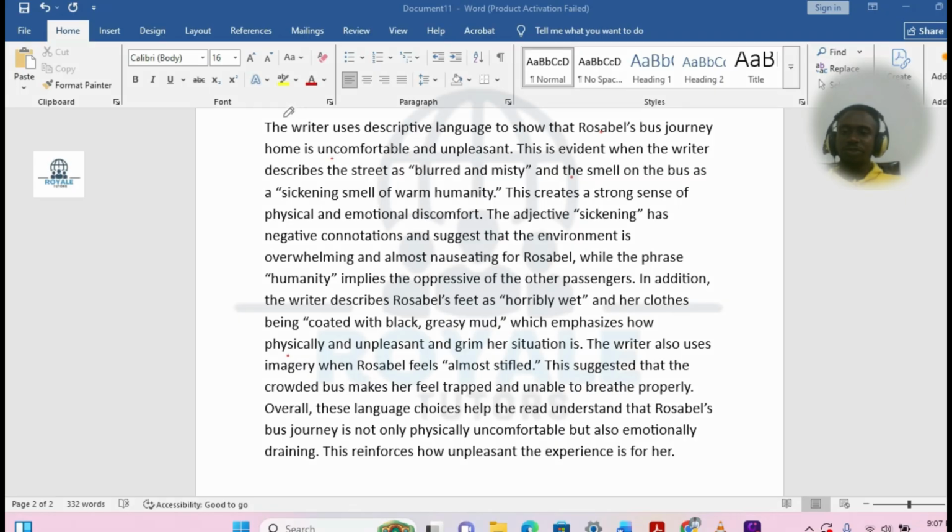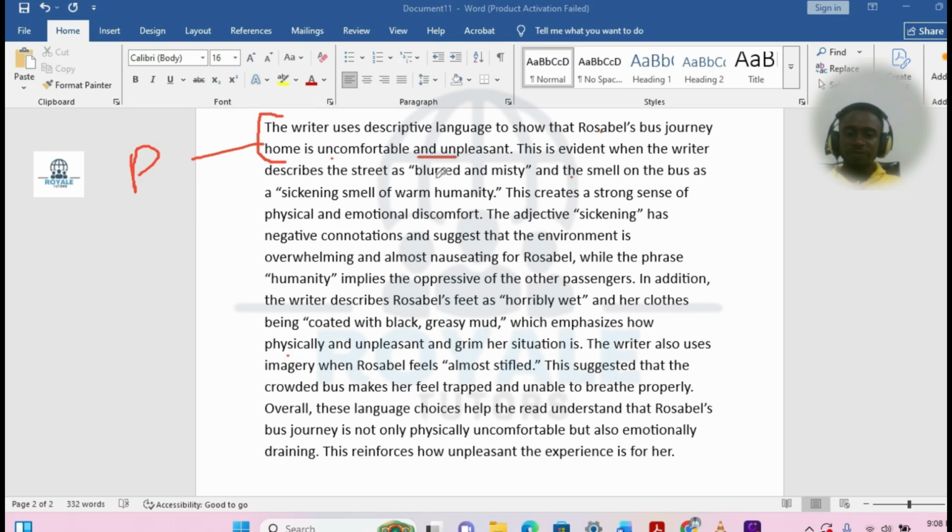We said our first point here is that the writer uses descriptive language to show that Roosevelt's bus journey home is uncomfortable and unpleasant. This right here stands for our P, top point. But let's see if we have accurate evidence.